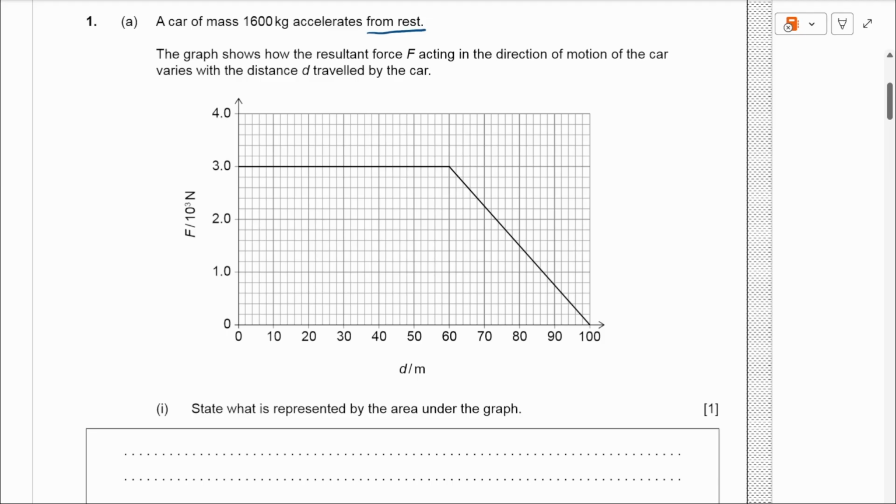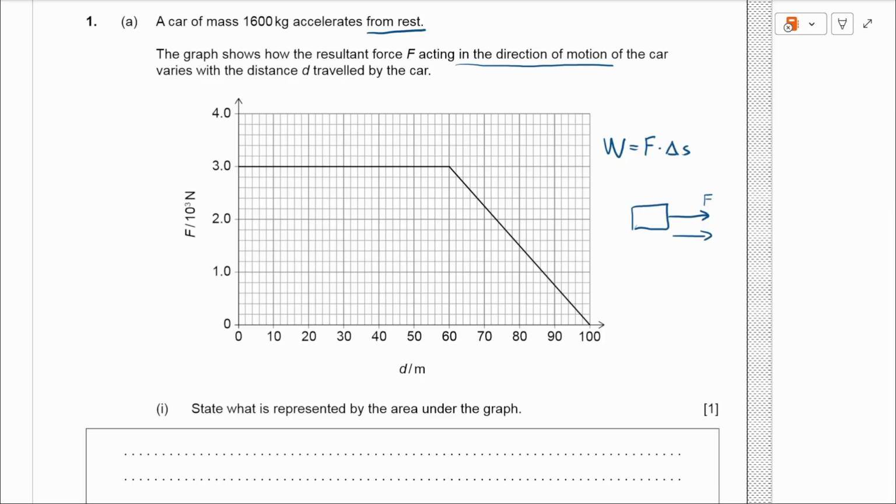So what's very important is that this is the resultant force and it's in the direction of motion of the car. So what we know is that the work done by a force is the force multiplied by the displacement in the direction of the force. So basically we have the car over here, and then the displacement is obviously going to be this way, and the force is acting in the exact same direction as our displacement, so we don't need any angle here.